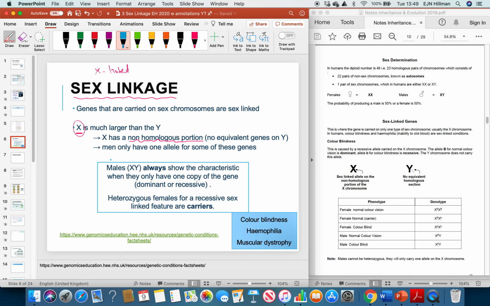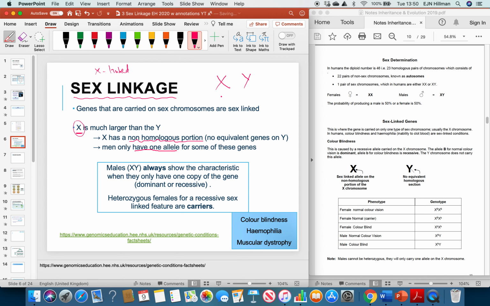Okay, so men will only have one allele for some of those genes on the sex chromosomes, i.e. a man is XY. Oops, that wasn't a very good Y, as it looks a bit like another X. XY.